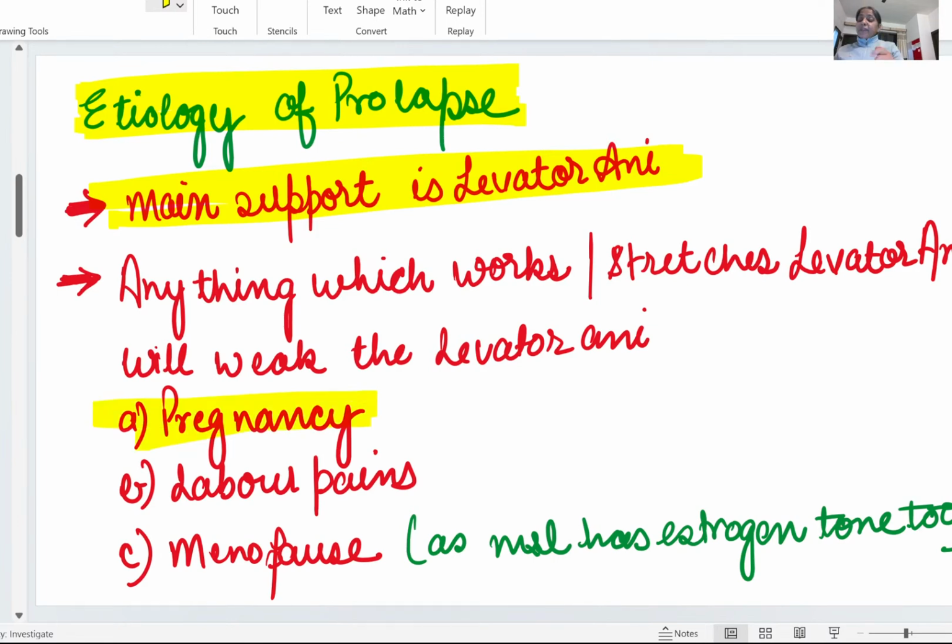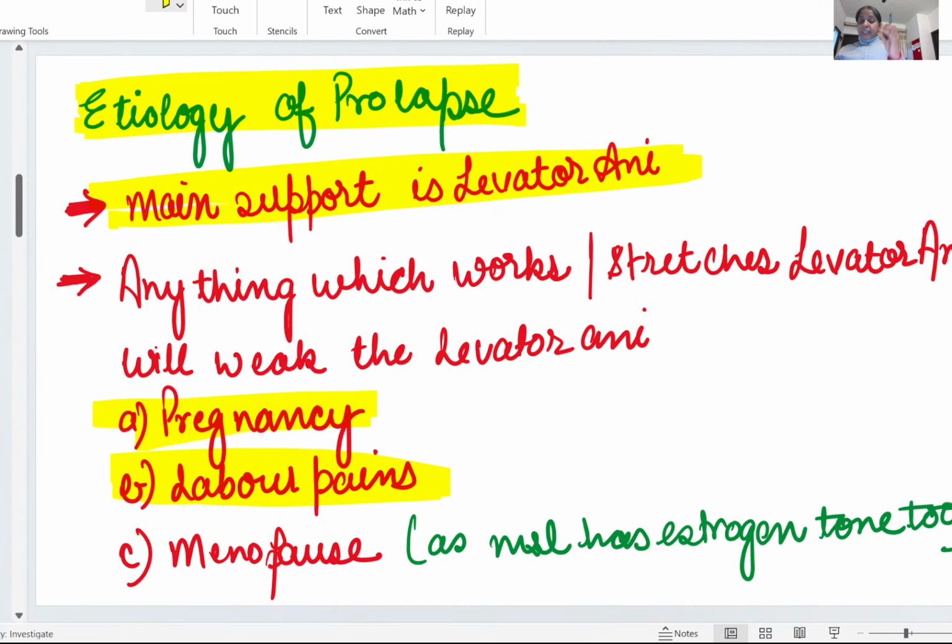If the patient goes through labor pains instead of going for cesarean, then again the levator ani will weaken. Because this muscle, levator ani, also has estrogen tone other than neural tone.